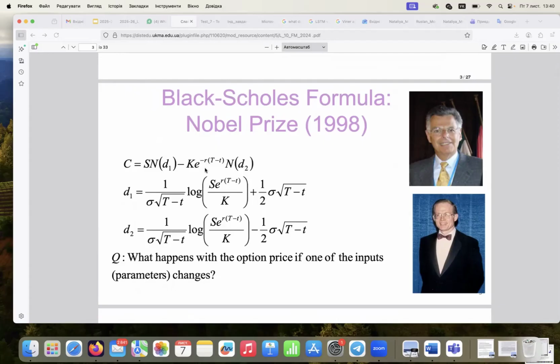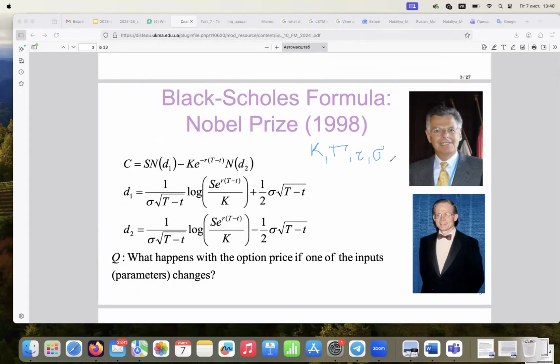Yes, you're right. Also N is the normal distribution, but it's not a parameter. And also sigma, the volatility of the underlying asset. So K, T, R, sigma, and the fifth parameter.